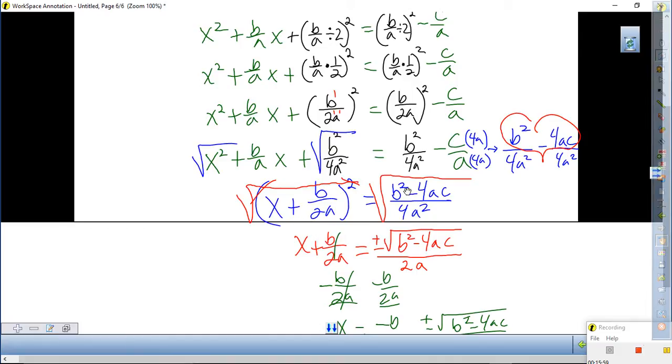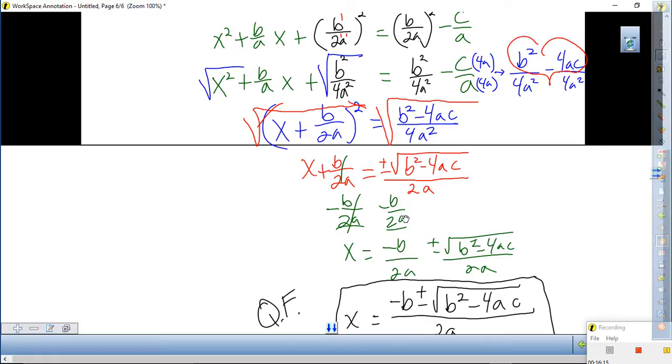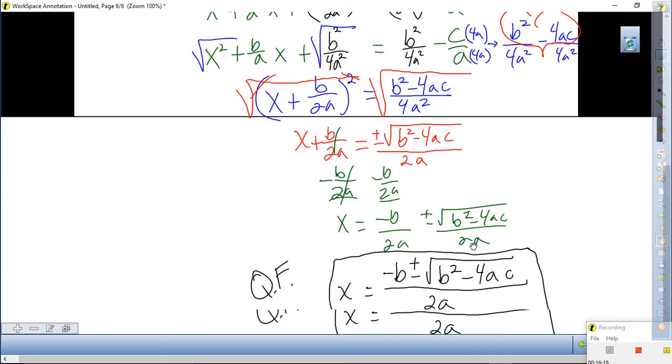We can't take the square root of the numerator because that's negative, so it stays as plus minus the square root of b squared minus 4ac. And the denominator, 4a squared, we can take the square root. That's why we end up with 2a. From there, we solve for x, so we subtract b over 2a from each side. There are 2 fractions here. The common denominator is 2a, and that's how we end up with our quadratic formula.